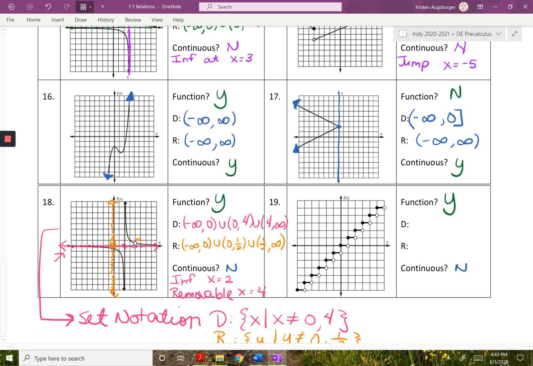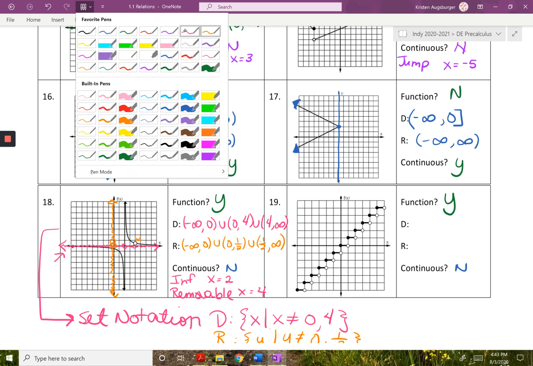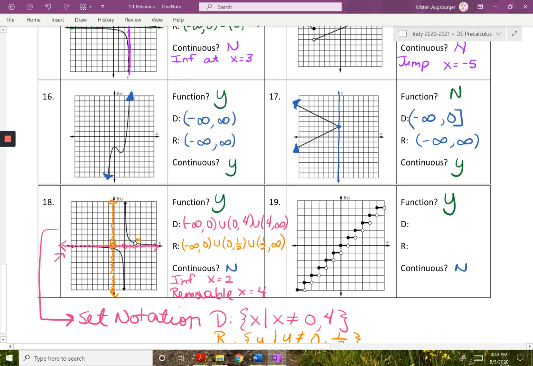Because these functions are tricky, one of them is a step function. A step function is basically saying I can put anything I want. So I look here, then it goes close.